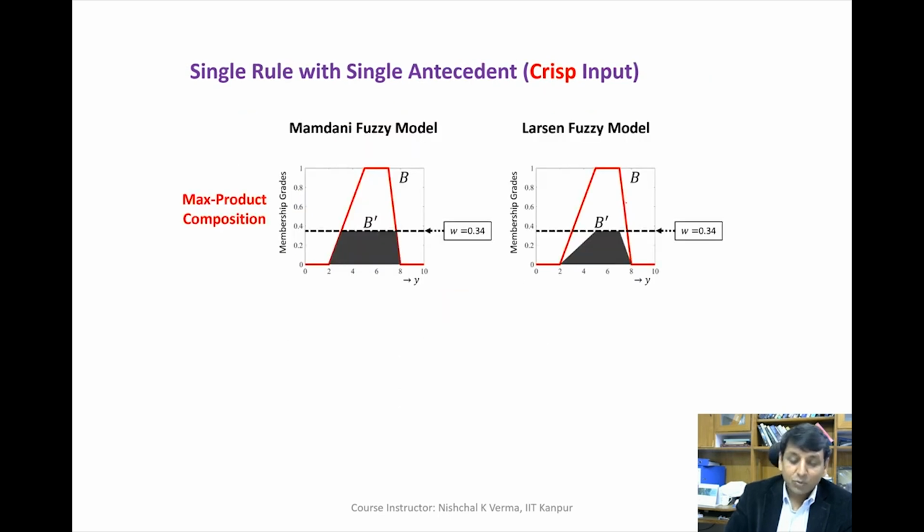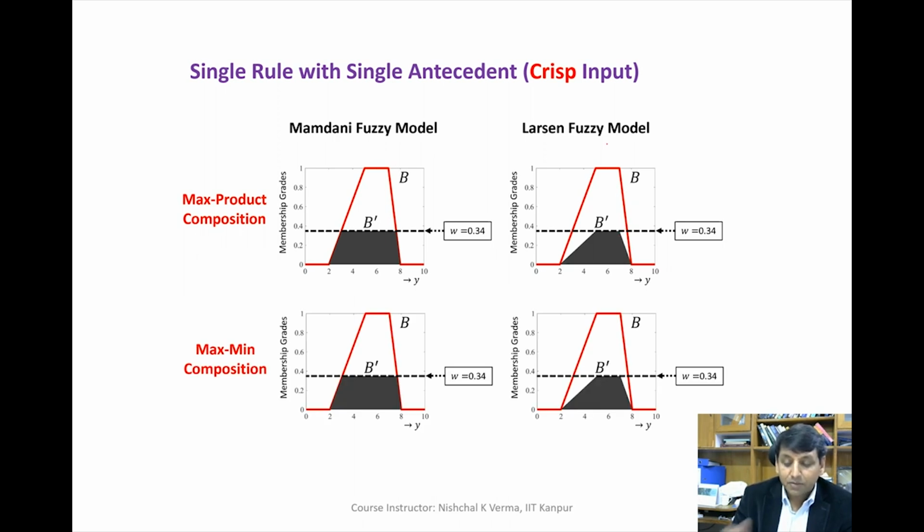Comparing again with Mamdani and Larsen, we see the difference in all the cases, with respect to the crisp input x1 is equal to 6.8 that we have fed to the model.